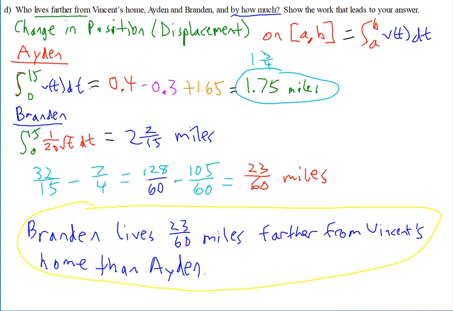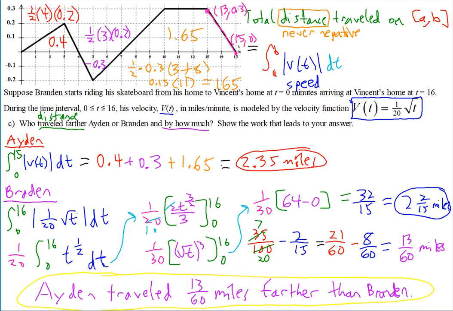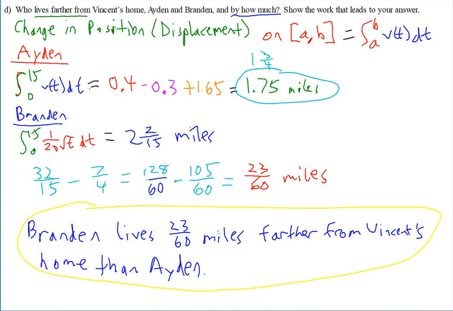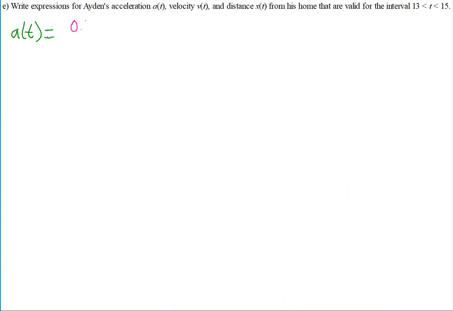So if we take the difference of the y's, 0.3 minus 0, over the difference of the x's, what's 13 minus 15? Gives you 0.3 over negative 2, which again, if you just write it as a fraction, it's easier. So 0.3 is 3/10. Divided by negative 2 is the same as multiplying by the reciprocal, 1 over negative 2. So we get negative 3 over 20. So that's what a of t is on that interval.